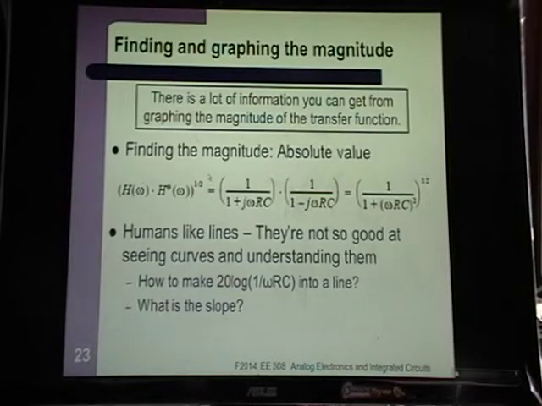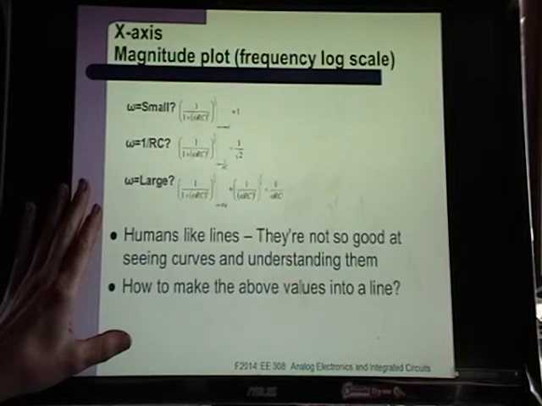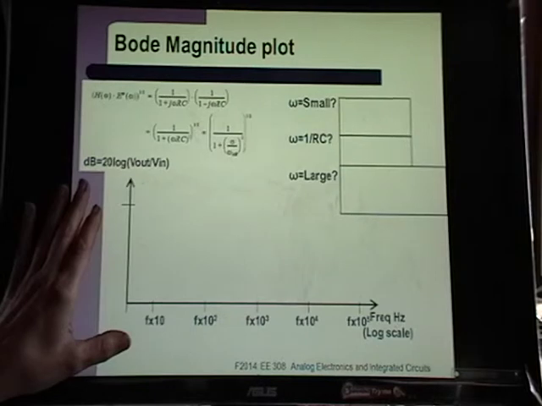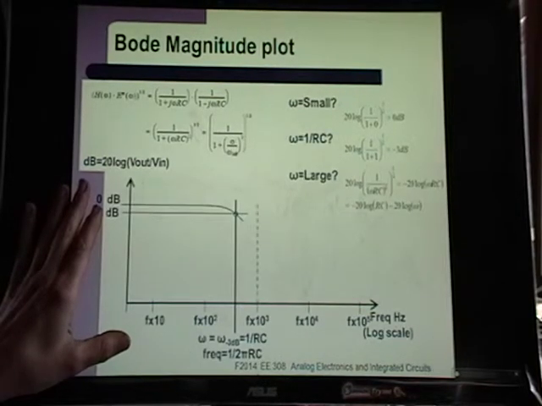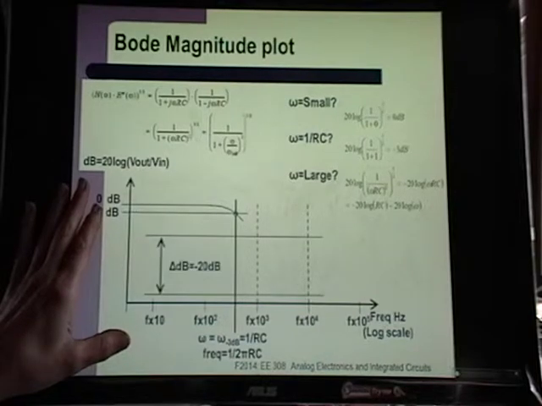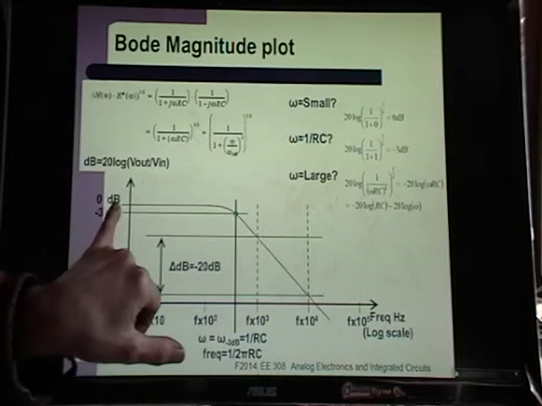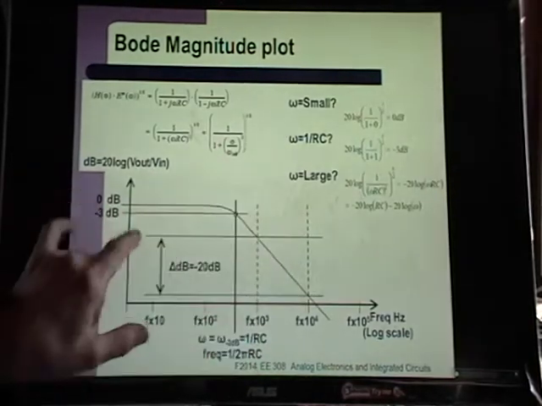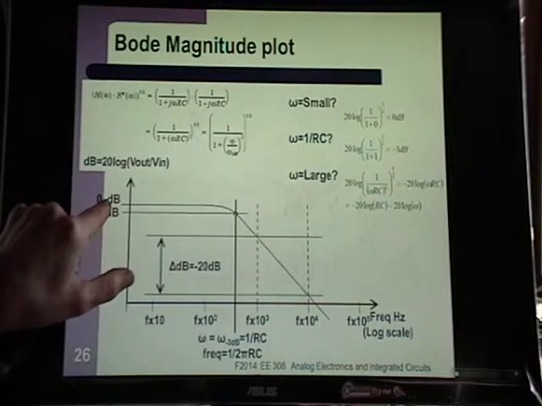And so I have a number of slides here talking about Bode plots, and I'm 100% happy to work through these with you, but the main thing that I want you to know is that for a Bode plot, well, I have 0 dB here, so this is still for a filter. I mentioned in class that for an amplifier this will not be 0 dB.